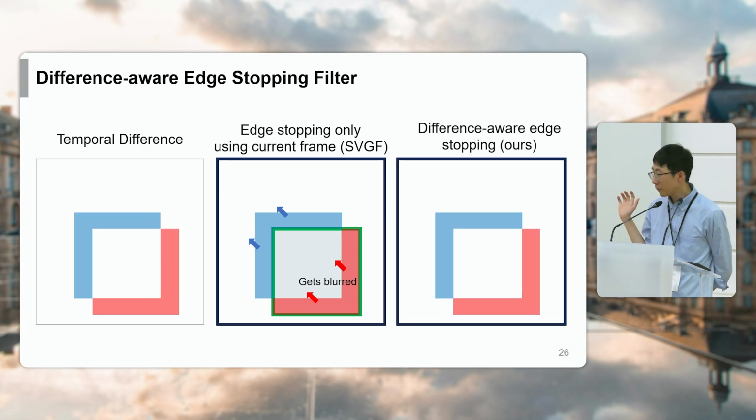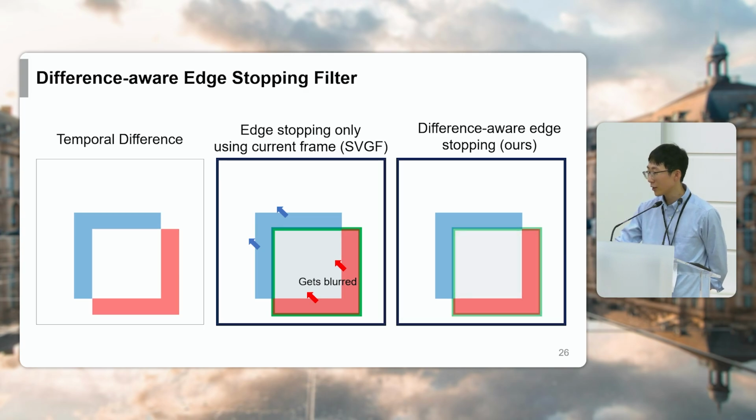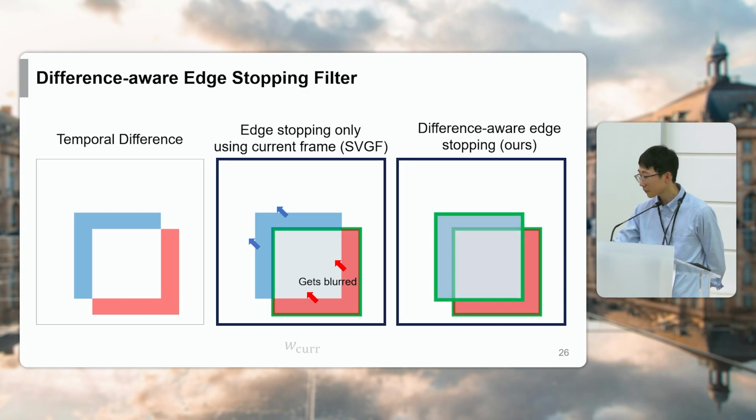Instead, we incorporate the information from both current and previous frames when computing the filtering weight. The implementation is quite straightforward. We just replace the edge stopping weight with the product of weights computed from the current and previous frame features.